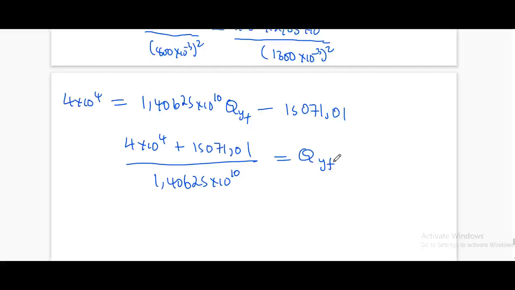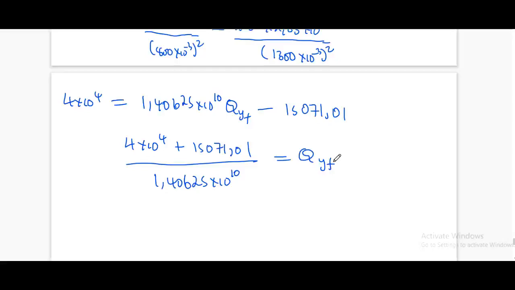Okay, so let's press our calculator: 15,071.01 divided by 1.40625 times 10 to the power 10.